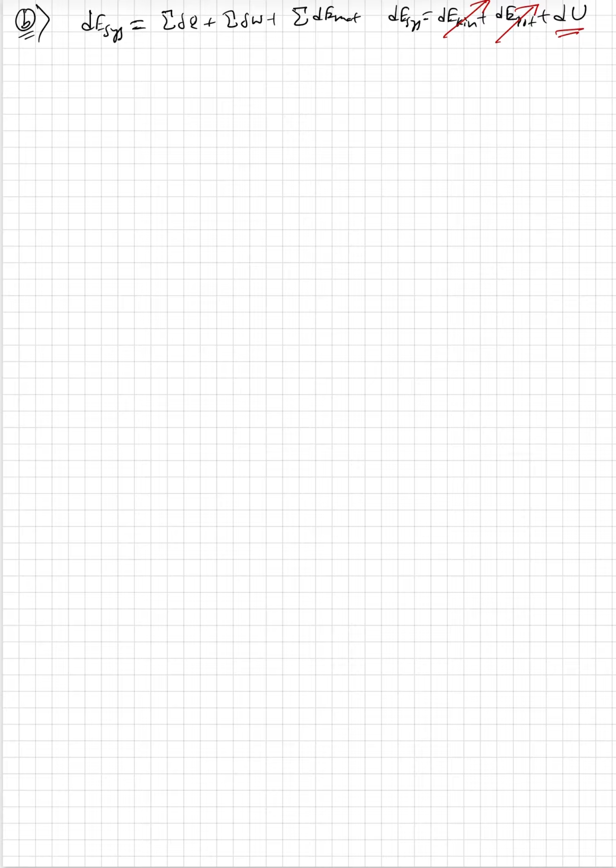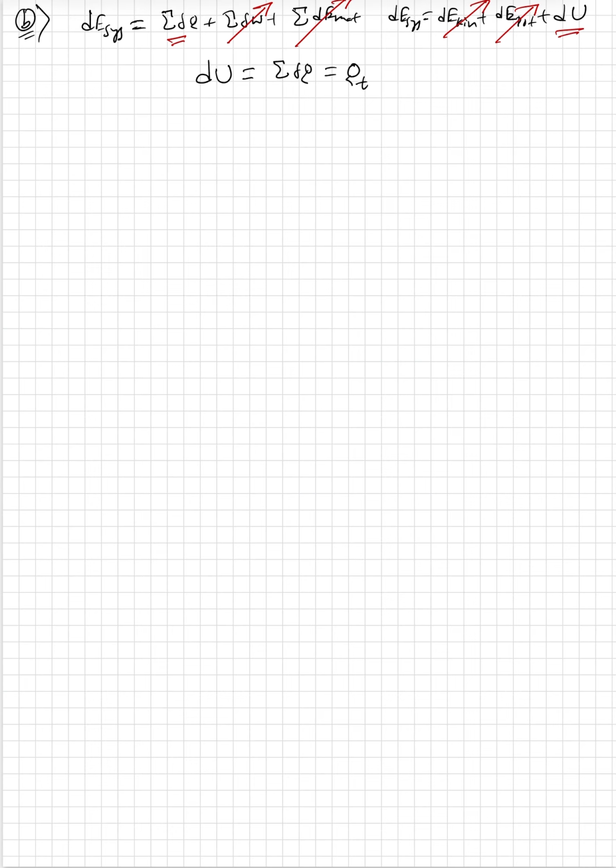And here also there is no work transfer and no material transfer, only the heat energy. So we can write that dU will be the summation of delta Q, or we can write it as the Q of the tank.